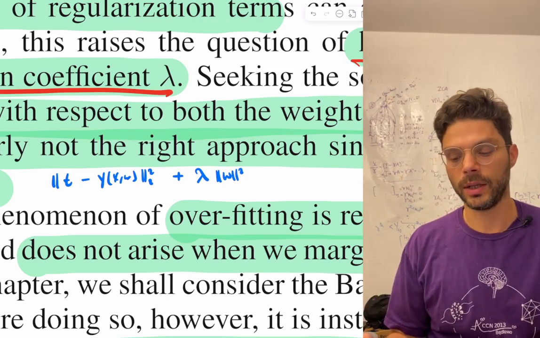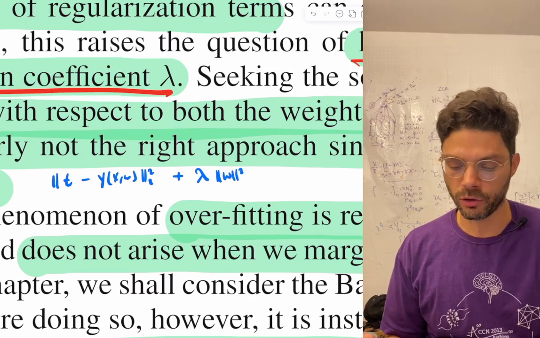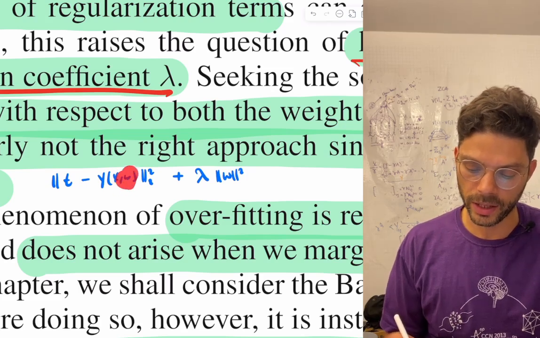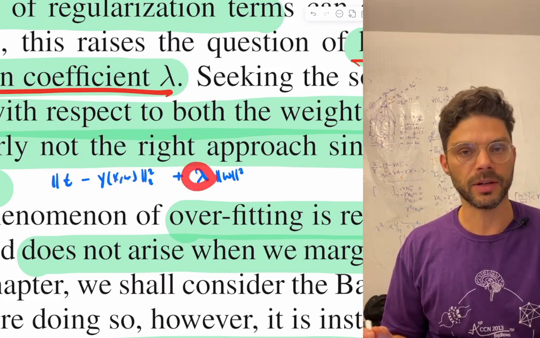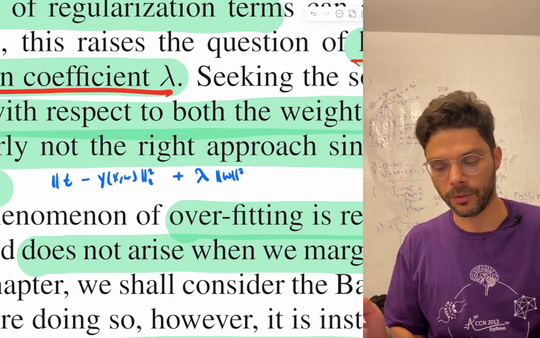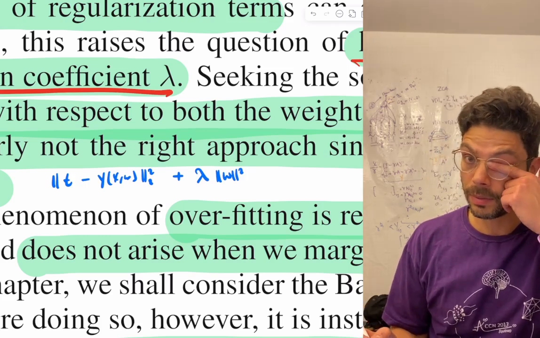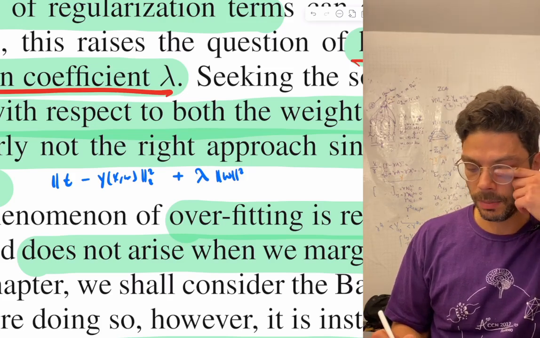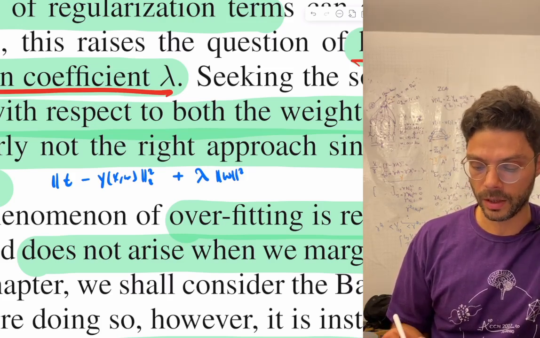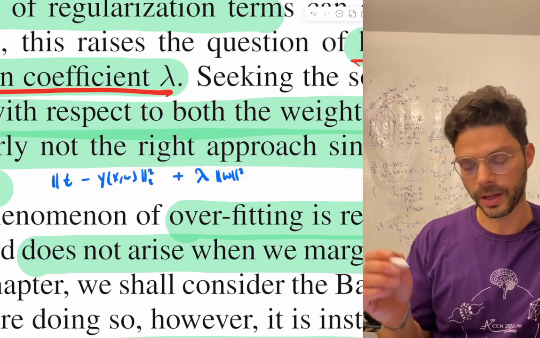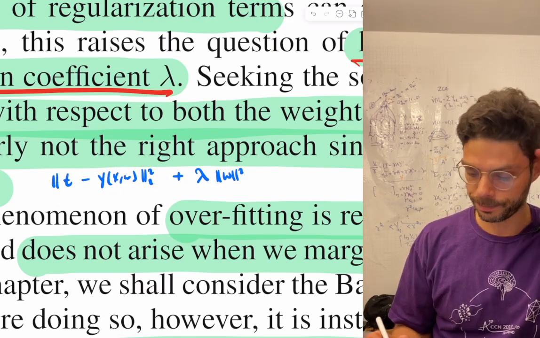You might think, well, why don't I just try to minimize this expression with respect to both the weights and this regularization coefficient? If this is the thing that I'm after, why not just minimize with respect to both? Well, the problem is, let's look at what the minimum value of this could be. This is a positive term, this is a positive term, so the minimum value could be non-negative, so the minimum value will be 0, right?